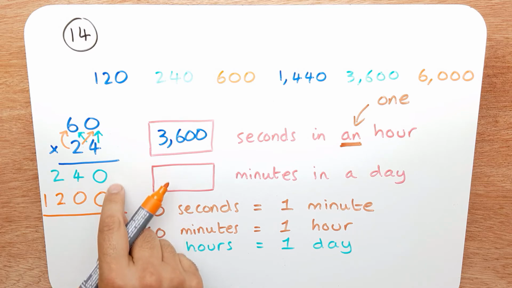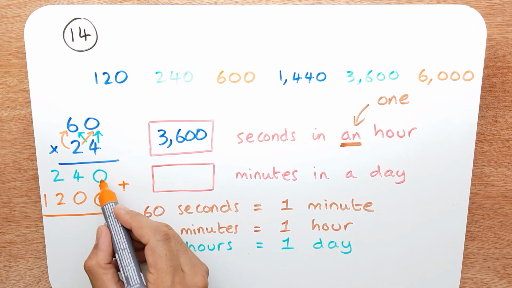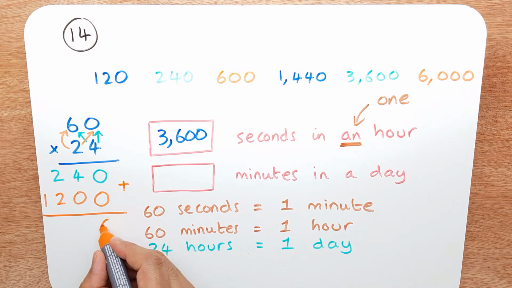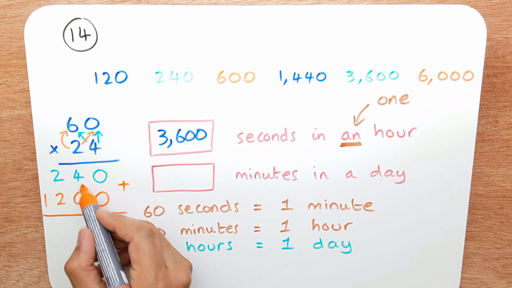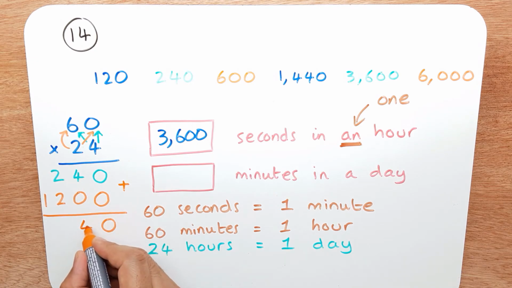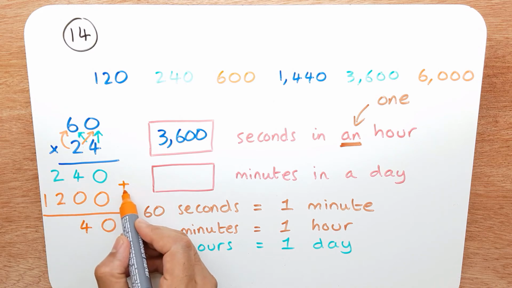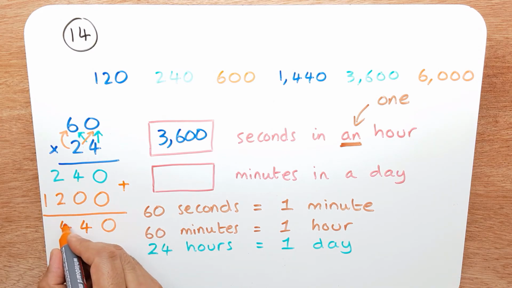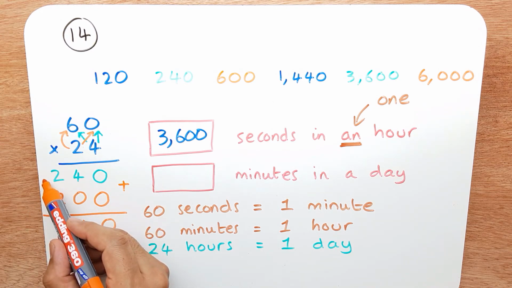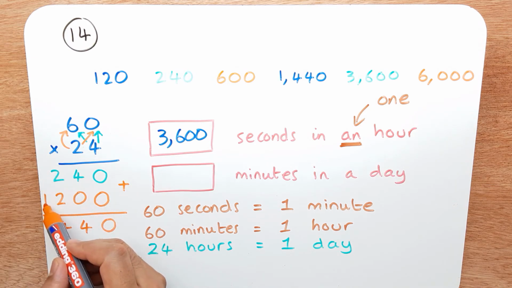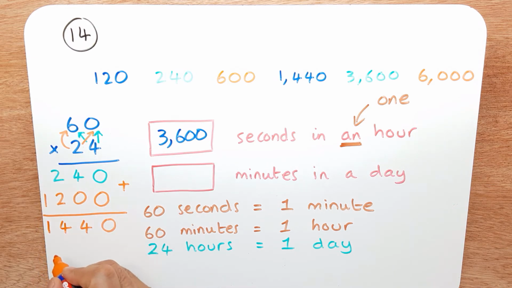So now I simply add these two. 0 add 0. 4 add 0, 2 add 2, and then I have nothing there, add 1, and it's simply 1.